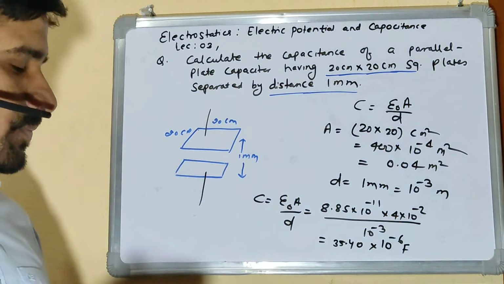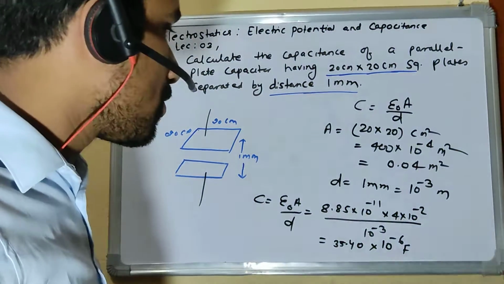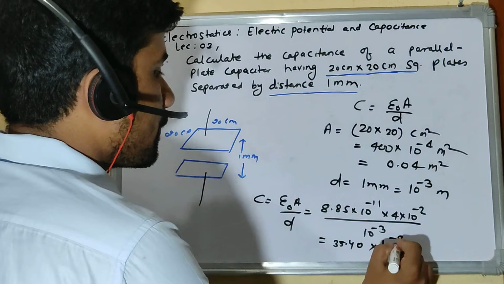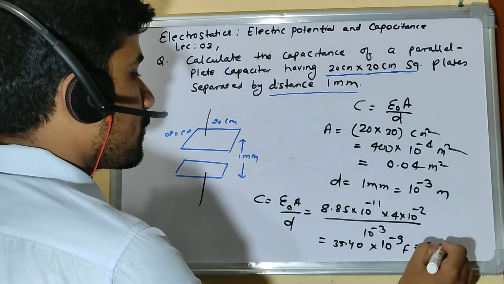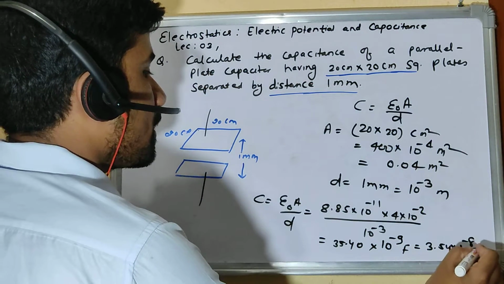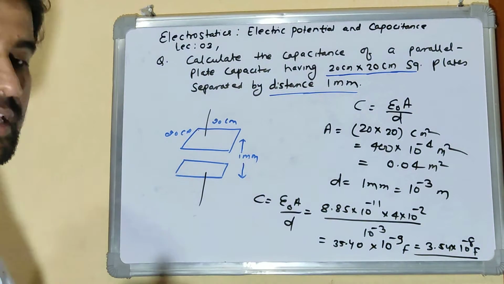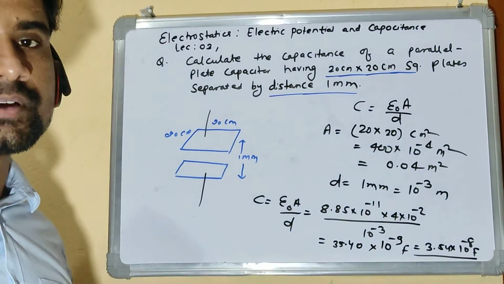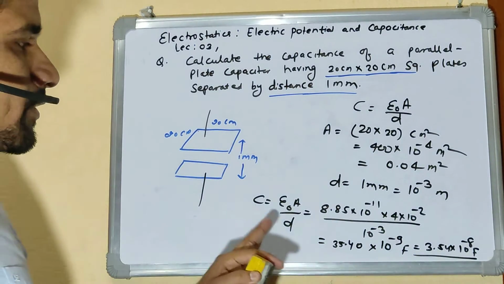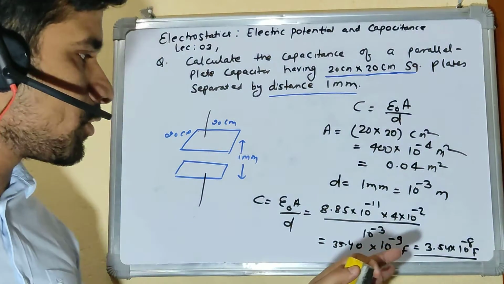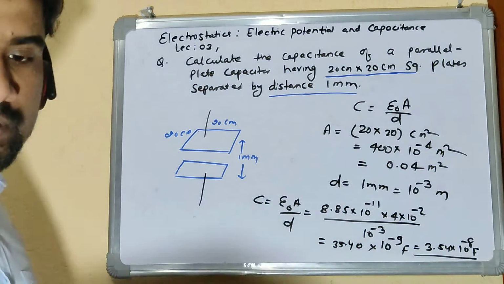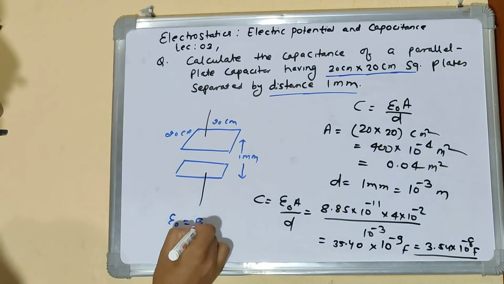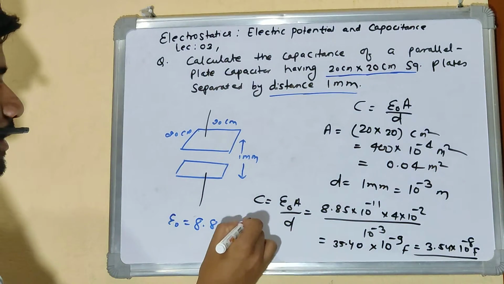Is this correct? No, it is not. It is 10 to the power minus 9 farad, and if I simplify, this is 3.54 into 10 to the power minus 8 farad. Okay, I think we made a mistake here. Epsilon naught value is 8.85 into 10 to the power minus 12 and not minus 11.